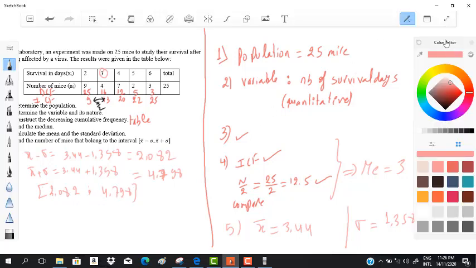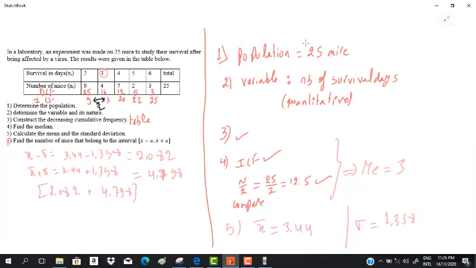Greater than 2, but 2 is not included in this interval. You have to notice that. From 2 till 4. These are the two values. He said the number of mice, so I should use the frequency.